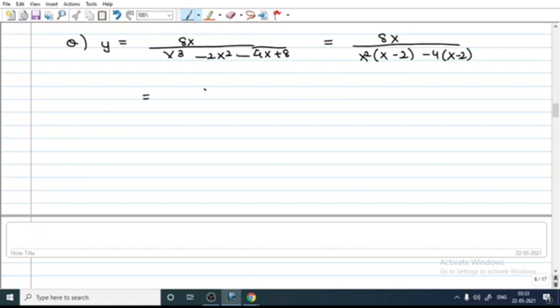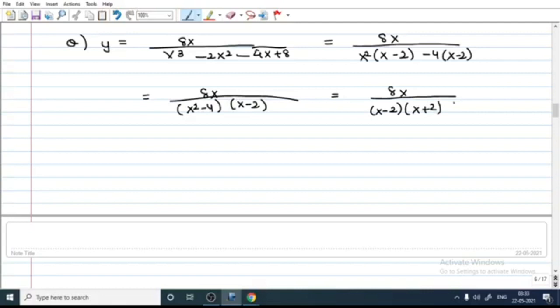So it will be nothing but 8x the whole upon x square minus 4 into x minus 2, which will further be written as 8x the whole upon x minus 2, x plus 2 and x minus 2 again.